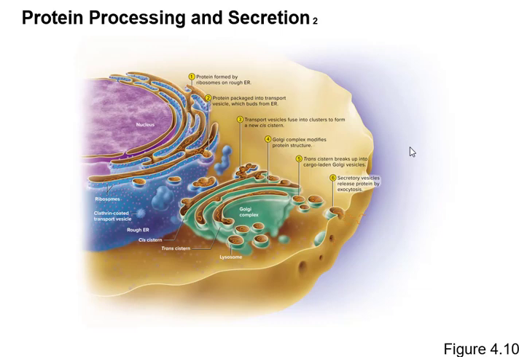This is a nice summary of what we learned in the last chapter, and it ties into this chapter. So we learned about the nucleus, and we learned how the rough endoplasmic reticulum is closely associated with both the nucleus and the cell membrane. And here they're showing where you're making proteins using the ribosomes that are attached.